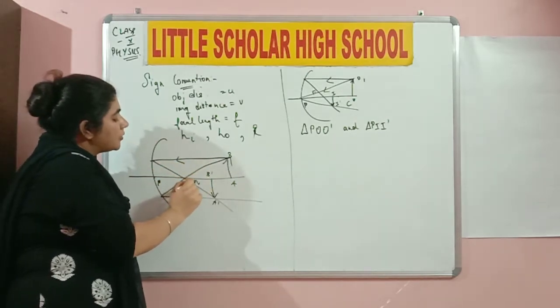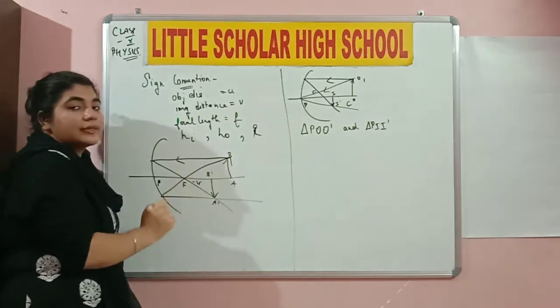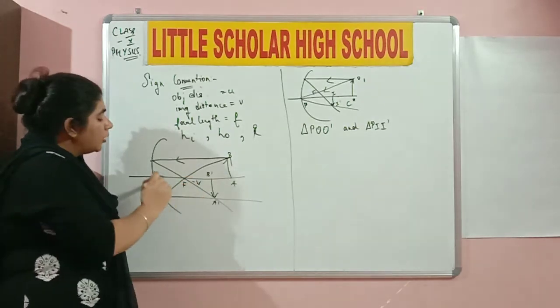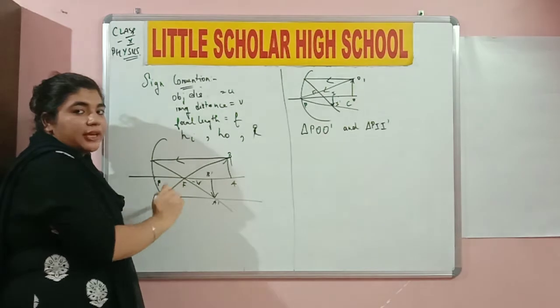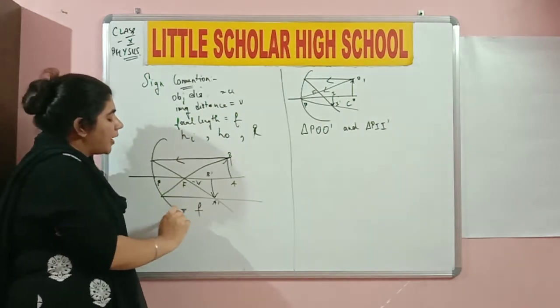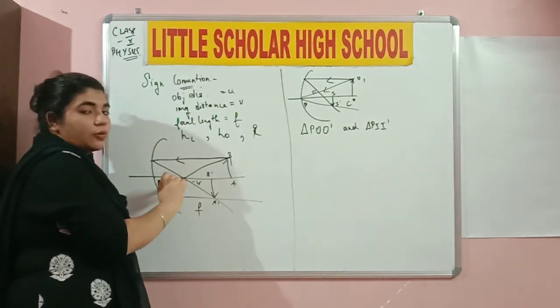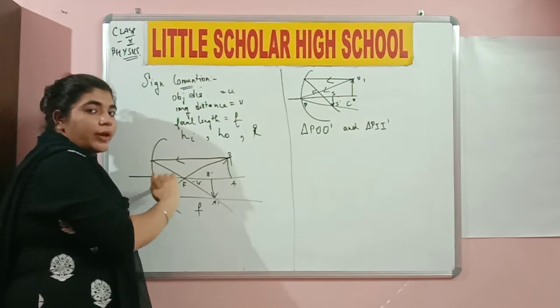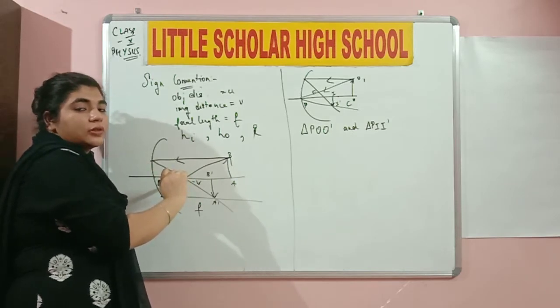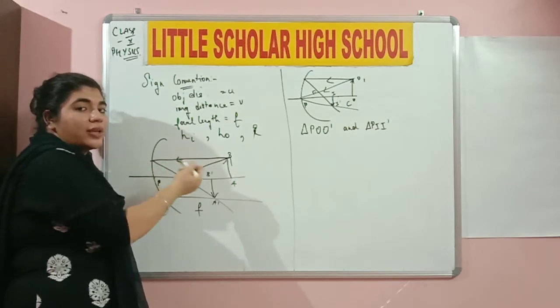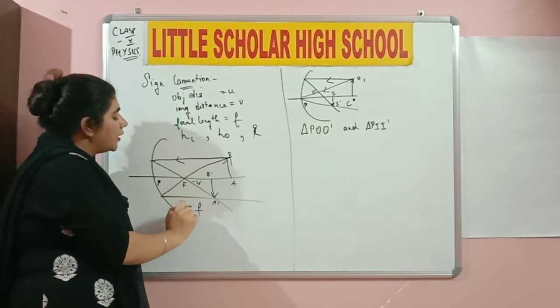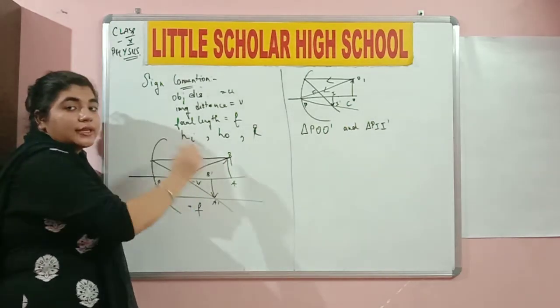So the image distance is also going to be negative in this case. Okay with everyone? Now look at PF. What is PF? The focal length, denoted as F. This is also measured from the pole and we are again going in the opposite direction of the incident light. We are going against the incident light. So the focal length is also minus over here in this case.